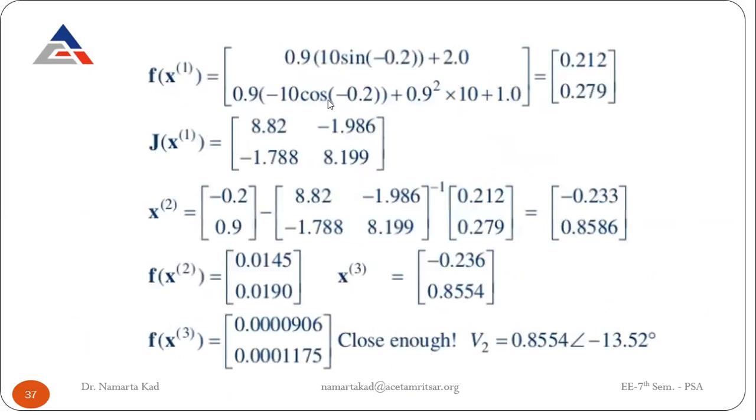Now similarly, put down the values to calculate the next function and the next Jacobian matrix, and this now becomes your next x2 for the next iteration. Similarly proceed for the third value. You have seen here that this value fx3 is very much closer to the value of fx2.